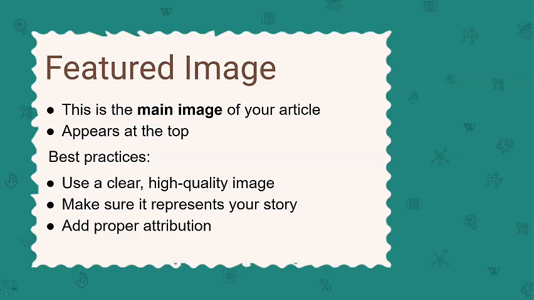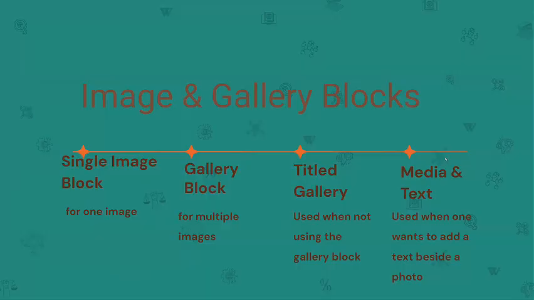Who added this image to Wikimedia Commons? What license does the person use? Is it CC0? I'm sure in your Commons training they taught you about attribution. Is it CC BY 4.0, is it share alike 4.0? And also the caption and the title and all of that. So this is about the featured image.